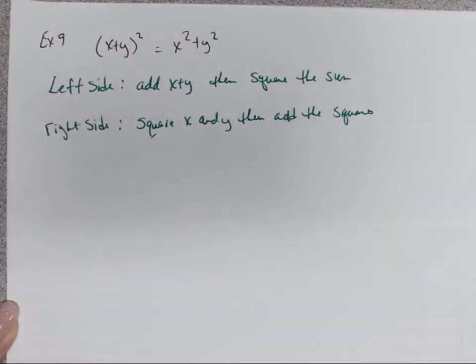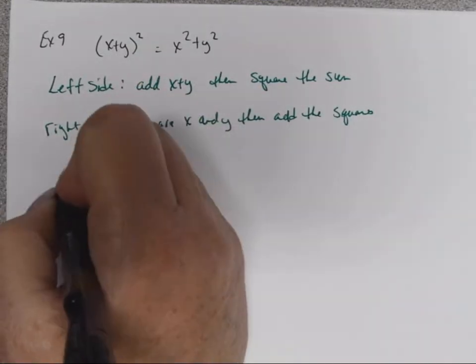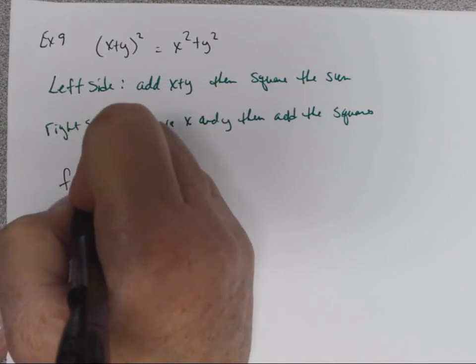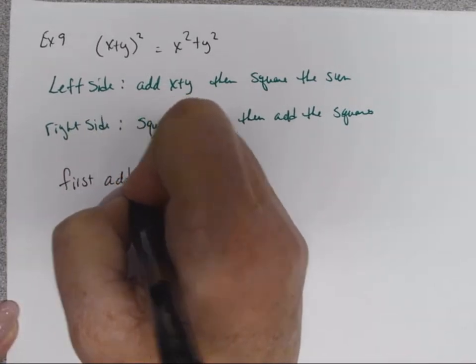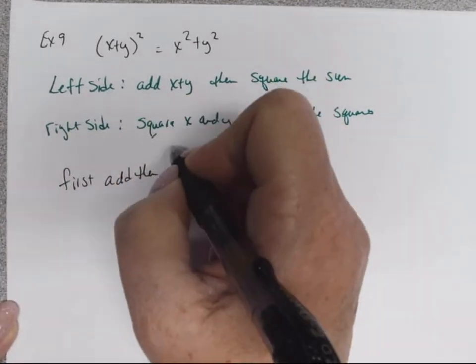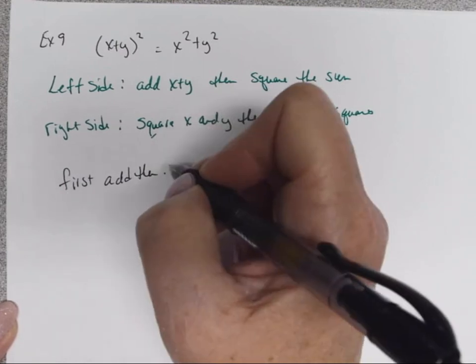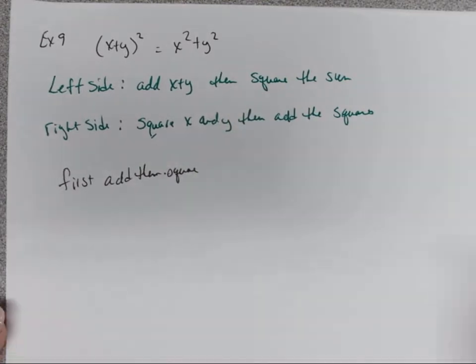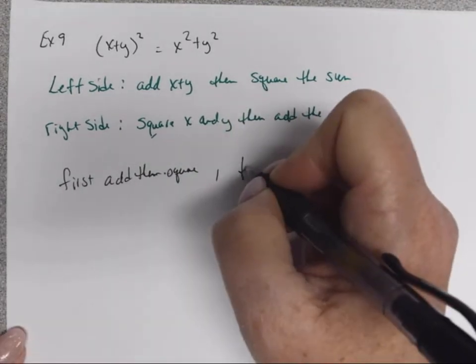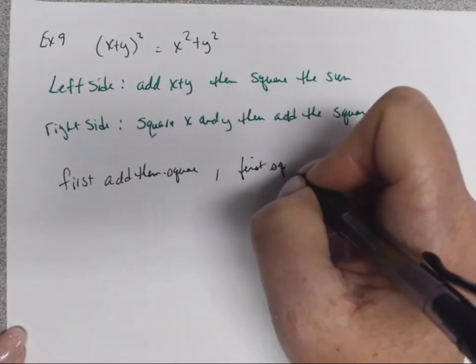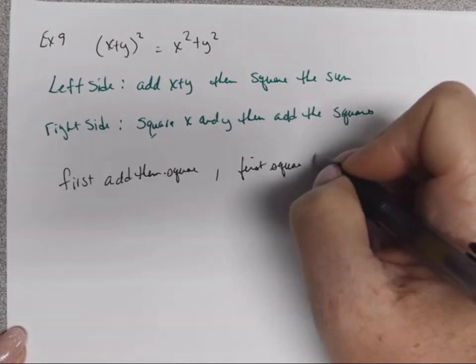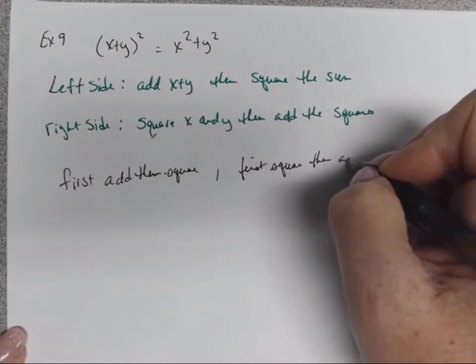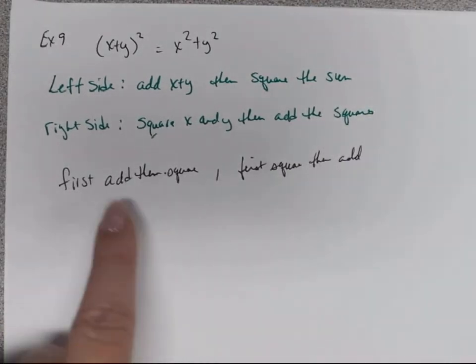So on the first one, we first add them, then square. And on the other one, we first square, then add. So it's basically opposite.